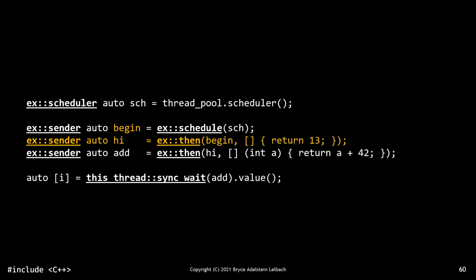Next, we use a sender algorithm, then, to compose work onto the sender that we got from the scheduler. This work will be performed on that same execution context. The sender algorithm will return a new sender, which we can use to add more work onto the chain. Finally, we wait until the chain of work has completed using sync_wait, which will return the value sent by the final sender in the chain.